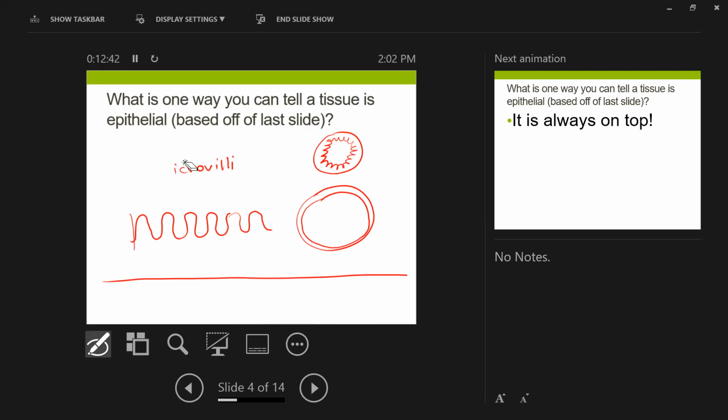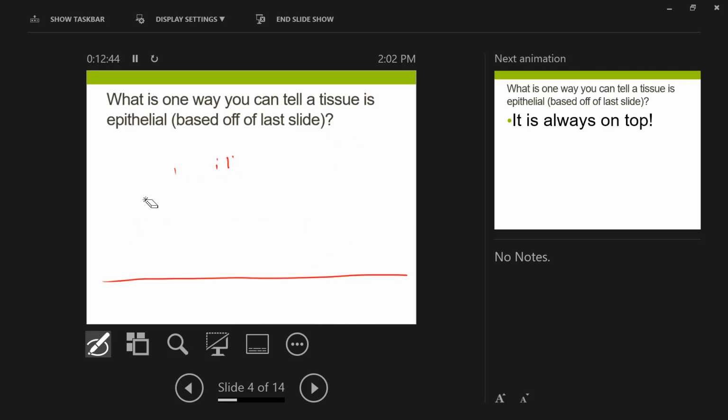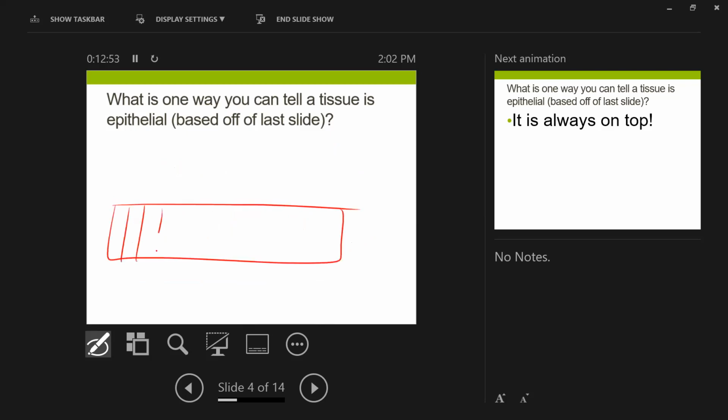Now, as far as cilia is concerned, let's draw that. Cilia is what was on the previous cells. So let's say I have a layer of cells. Here they all are. And on top of them, it looks like little hairs.